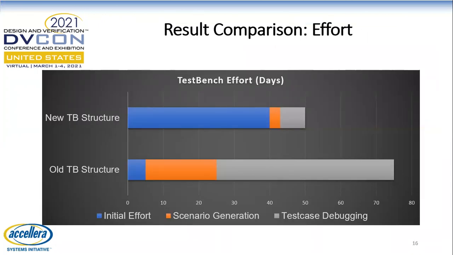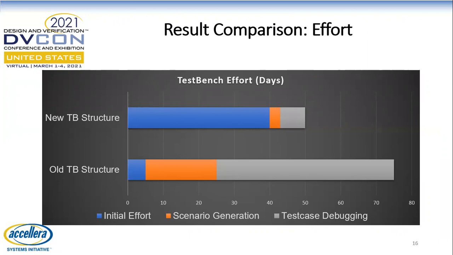Moving to the next slide, result comparison from an effort perspective. You can see the one in blue is the initial effort. The old testbench structure required less initial effort, while the new testbench structure required more initial effort. The one in orange is the generation of scenarios.